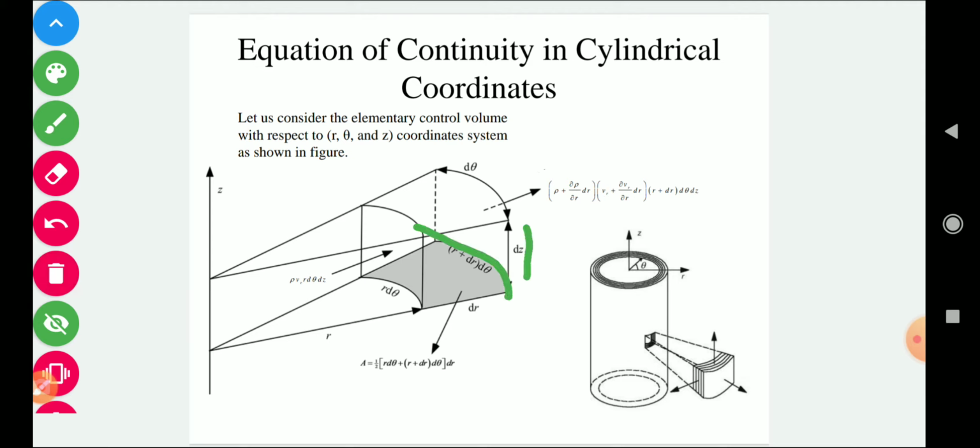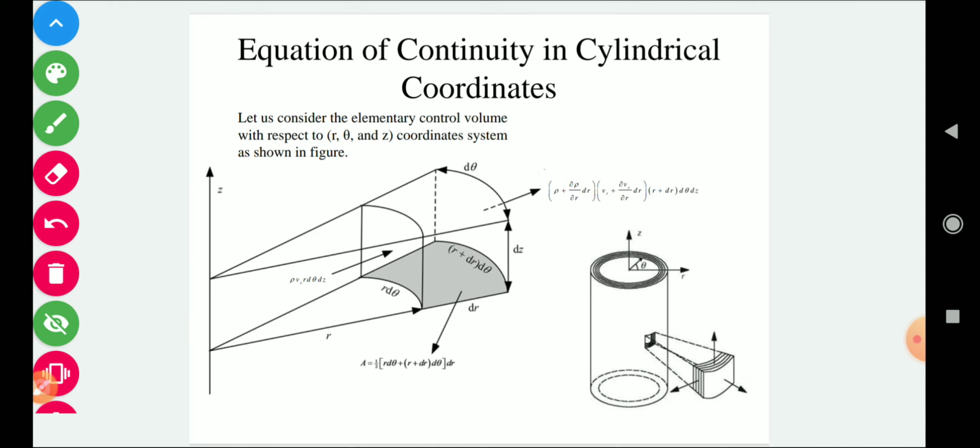Similarly, height is dz, so the area will be r plus dr, d theta, dz.